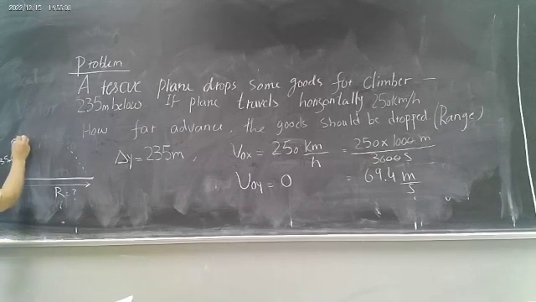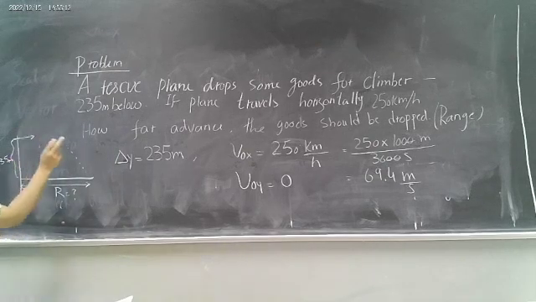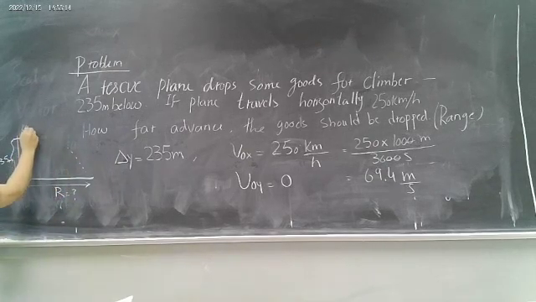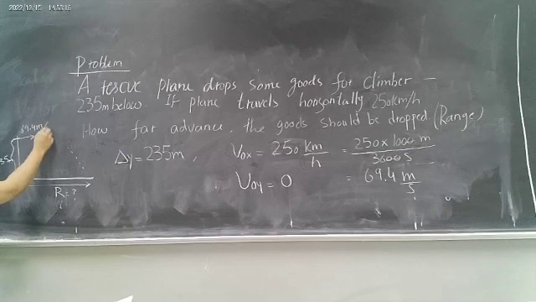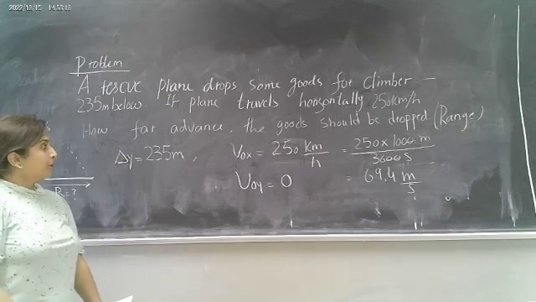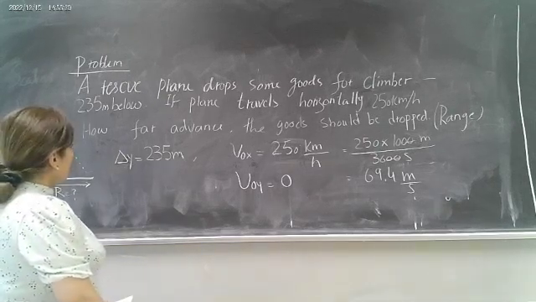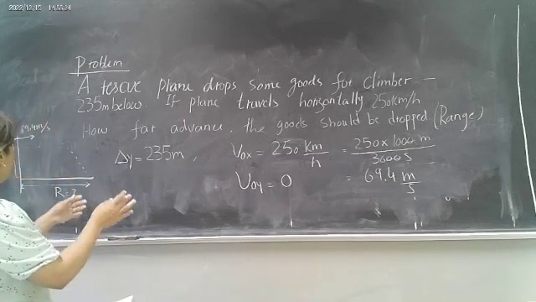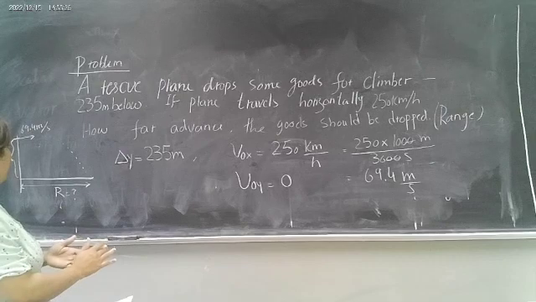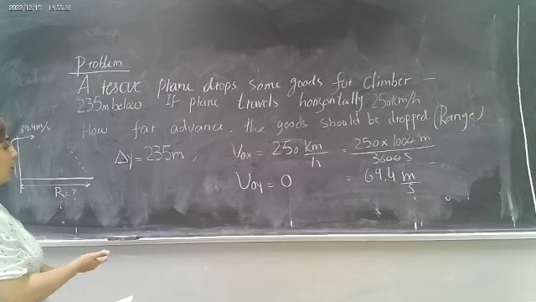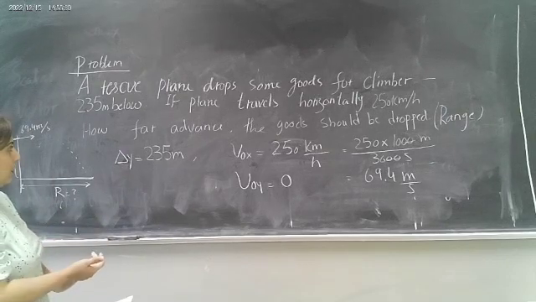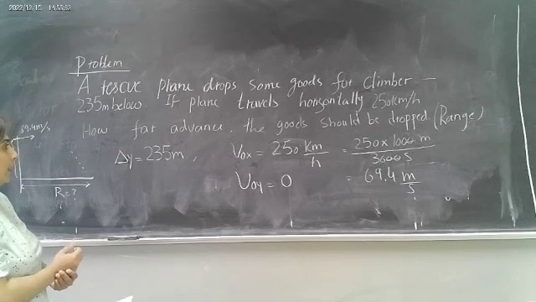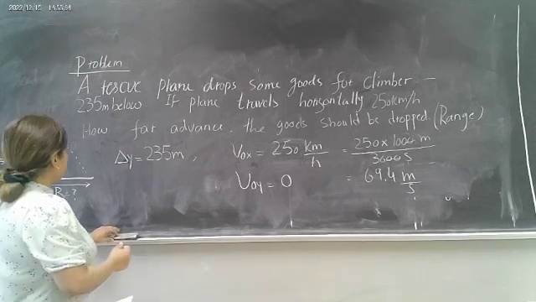We know how fast these goods were dropped. They were dropped at 69.4 meters per second. So once we have this given, we have the initial horizontal velocity, we have the vertical distance, we have the value for the initial vertical velocity, which is 0, and then we can put them together in order to find the range.